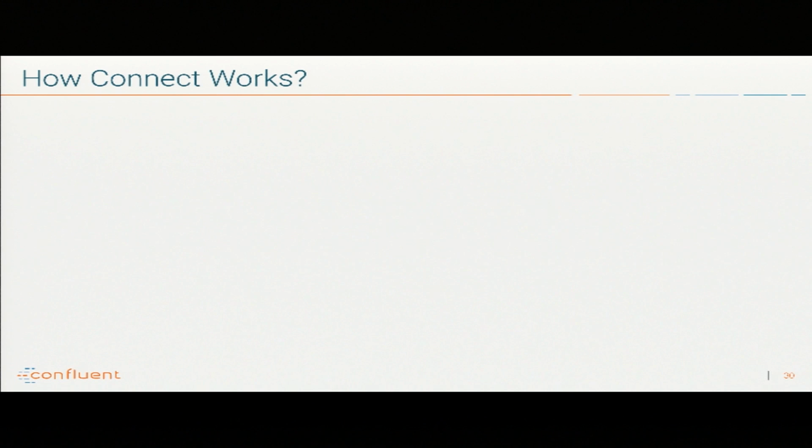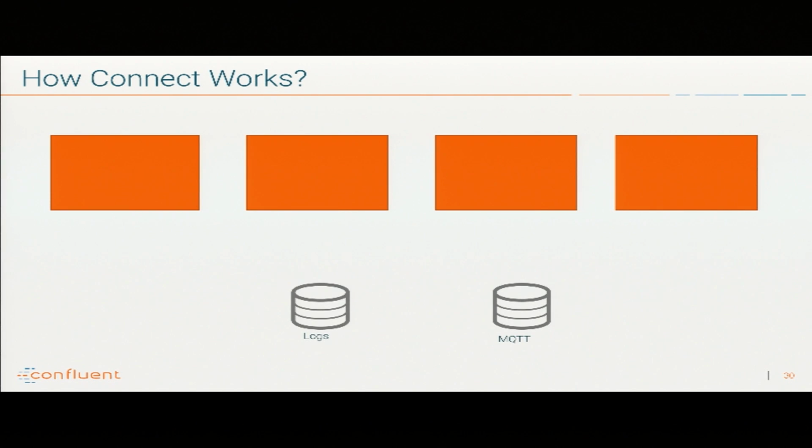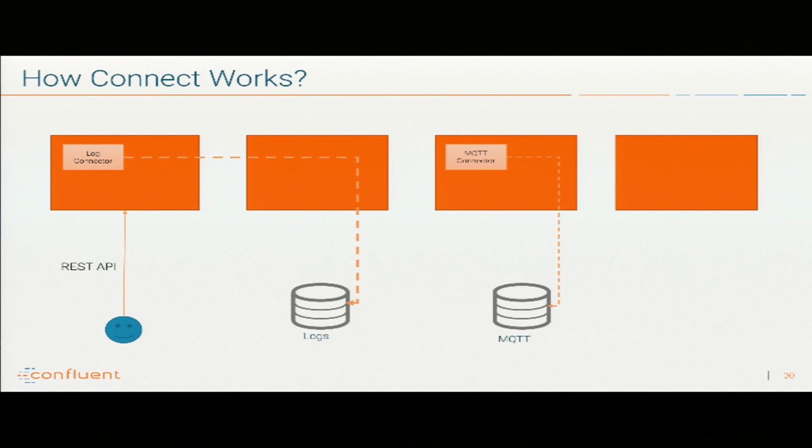The way it works is that you have a bunch of Connect workers and those external databases lying around, and Kafka is somewhere off the picture. I don't show Kafka here. You make a REST call and say, hey, I need to get some data from those data sources, and it starts a connector. The connector doesn't really get data, but it connects to those data sources and checks how much data is in there, and tries to decide how much we can parallelize it.